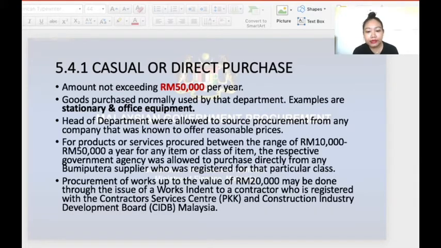Procurement of works up to the value of 20,000 ringgit may be done through the issue of a works indent to a contractor who is registered with the Contractors Services Center (PKK) and Construction Industry Development Board (CIDB) Malaysia.